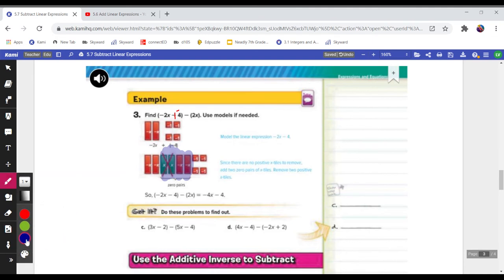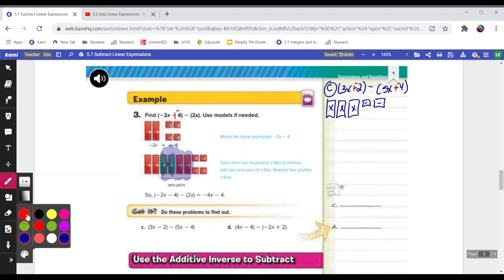So let's try this with letter C. We've got the quantity 3x minus 2 minus the quantity 5x minus 4. So I'm going to create 3 x's and 2 negatives. And I should have said that I'm adding and making that a negative 2, adding and making that a negative 4. So now I want to take away 5 x's.